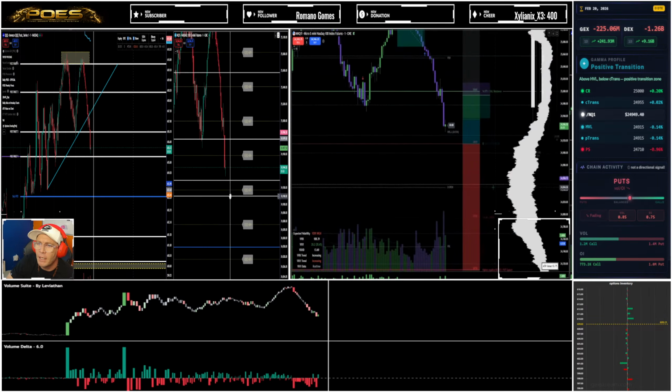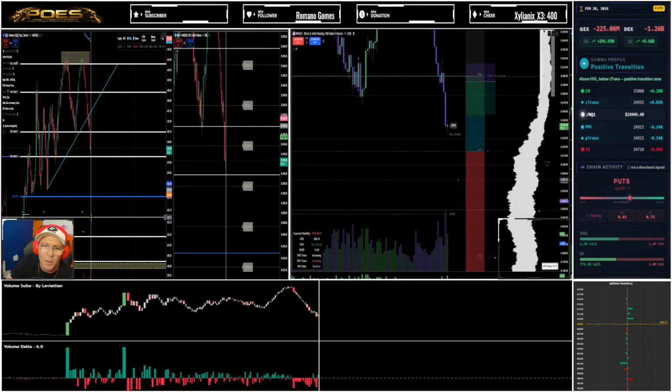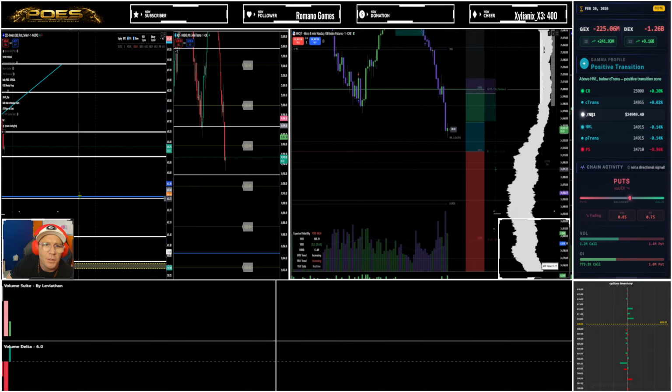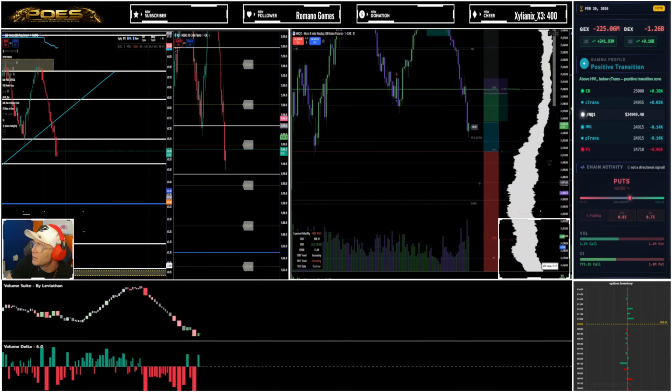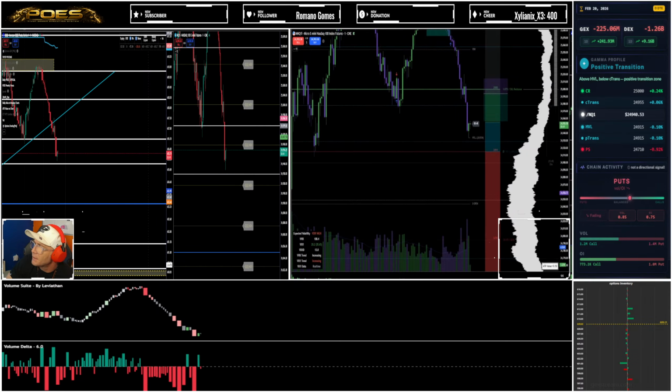Candle flipping green, candle flipping red, candle flipping green. Starting to probably see some of the sellers reduce at this point. Yeah, starting to see some of that weakness in the selling. Probably a moment to consider getting long.